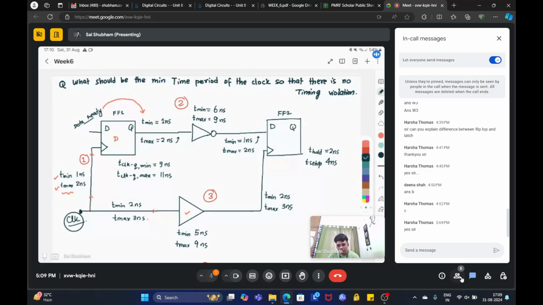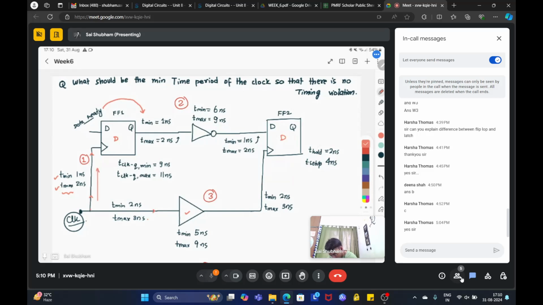This does not require any concept of electronics. This is a simple maths problem. I have explained about different flip-flops. You have to make sure that for the different flip-flops, there is no timing violation. Timing violation will appear because this is a path.